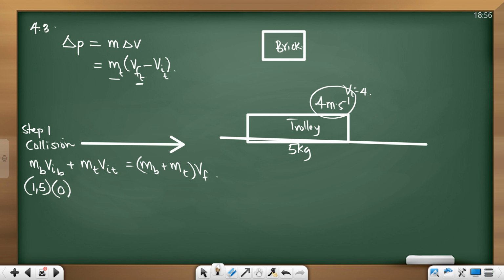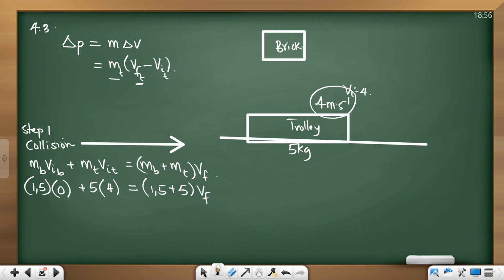When an object moves vertically and changes into horizontal movement, its initial velocity horizontally is 0. Principle of physics. Plus, what is the mass? 5, 4. What do we have? 1,5 plus 4. No, plus 5.